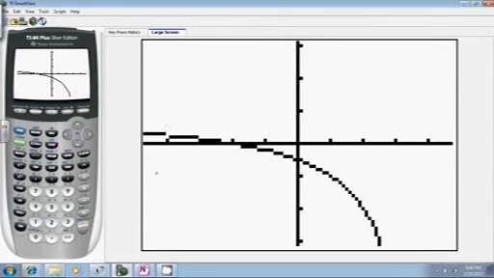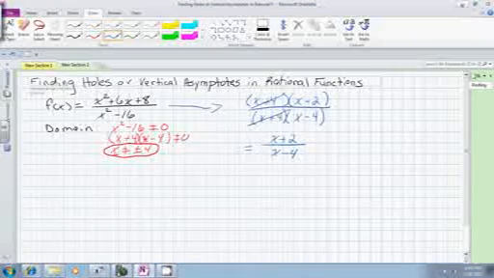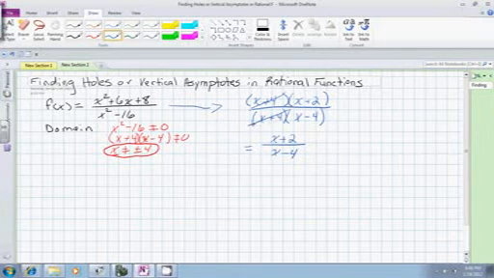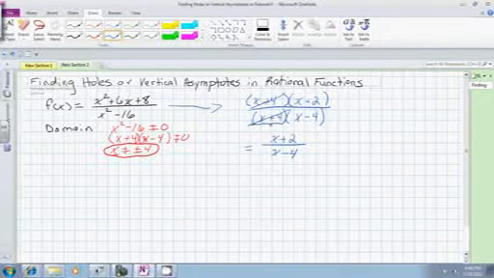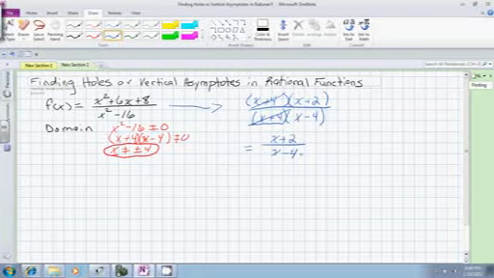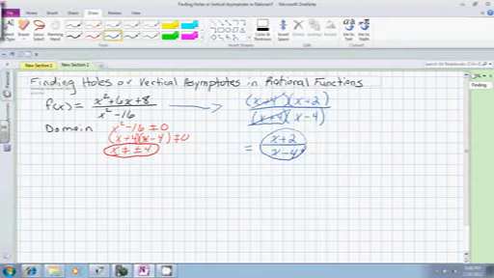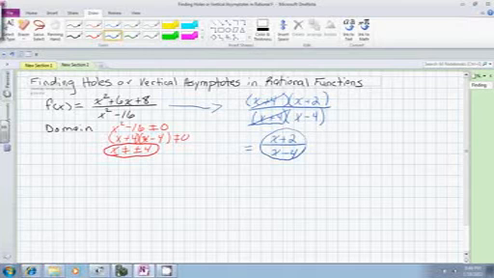So the simplified version is basically the exact same graph except for the hole. So going back to my math, this part that canceled out would have given me the undefined part of negative 4. That's why in this simplified result I don't have a hole there, because I don't have that part that makes it undefined.